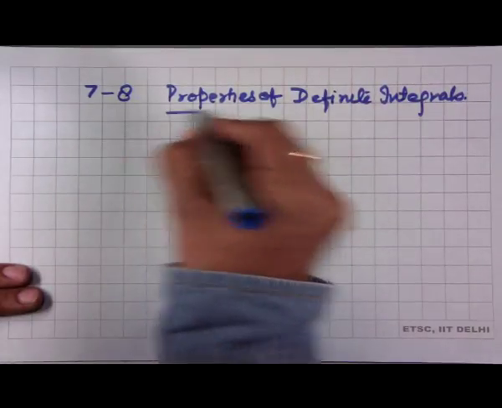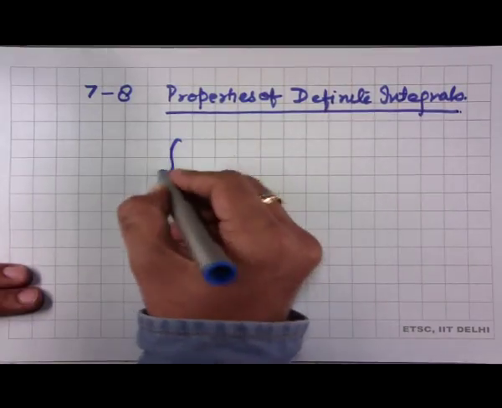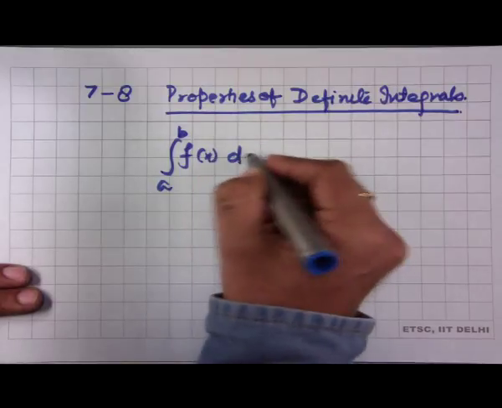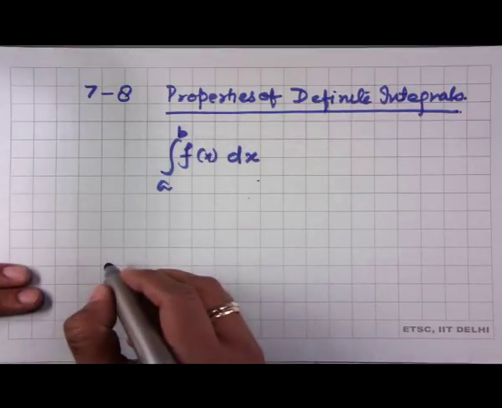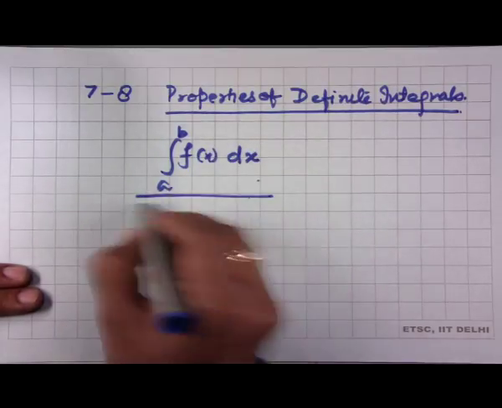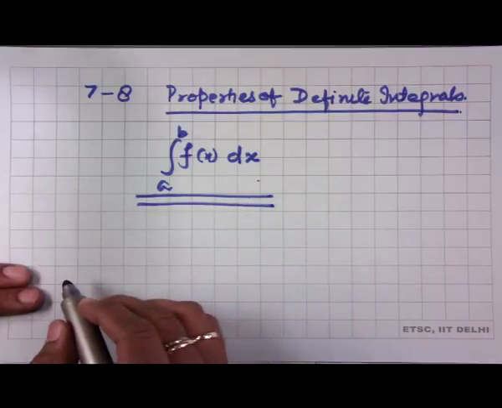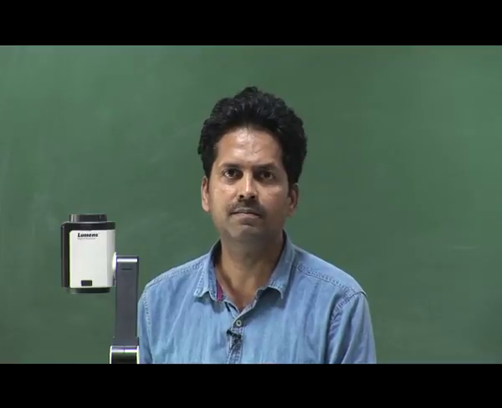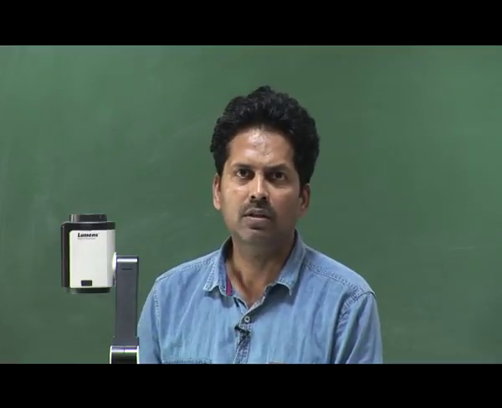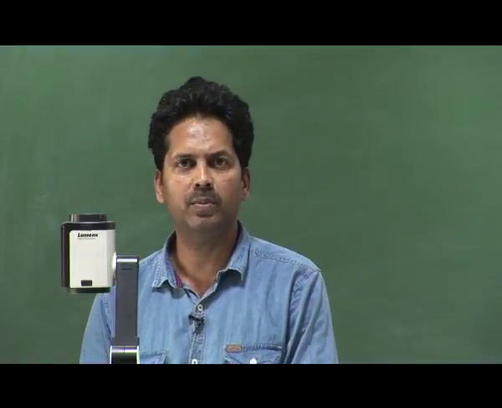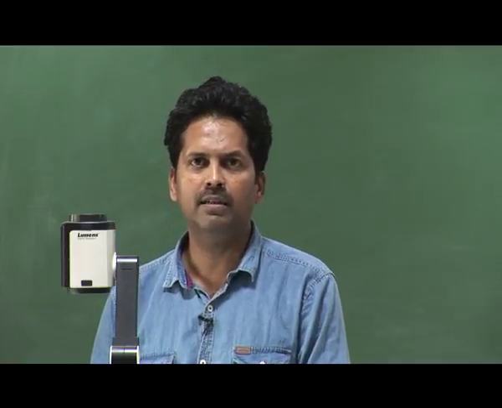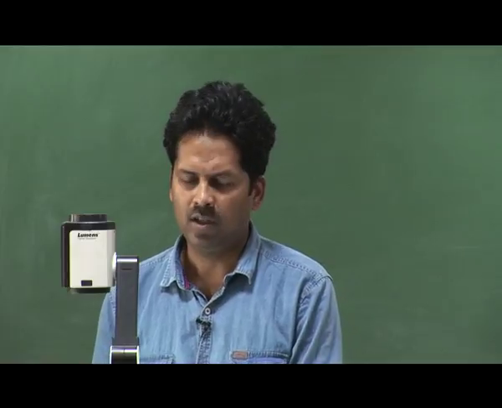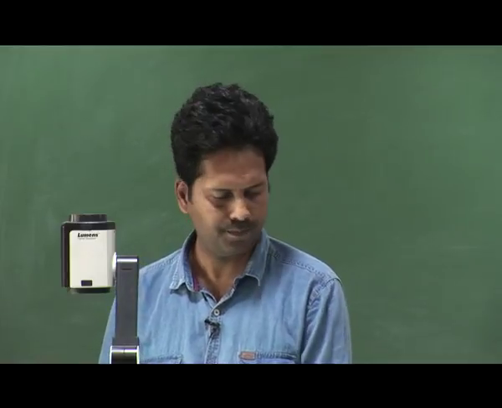If you use these properties of definite integrals and evaluate the integral, life becomes much simpler and you can compute the integral much easier than otherwise. So, you are supposed to understand the properties, prove them, and then try to apply them on definite integrals to evaluate complicated definite integrals.